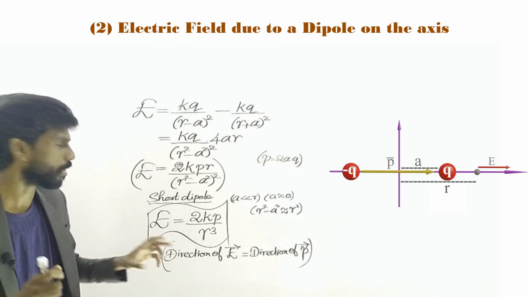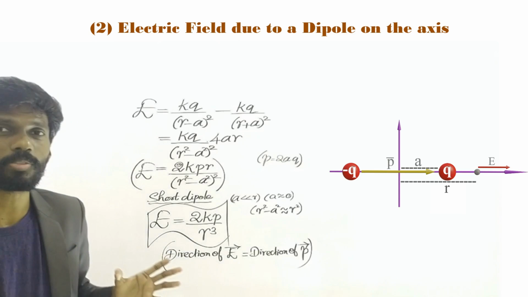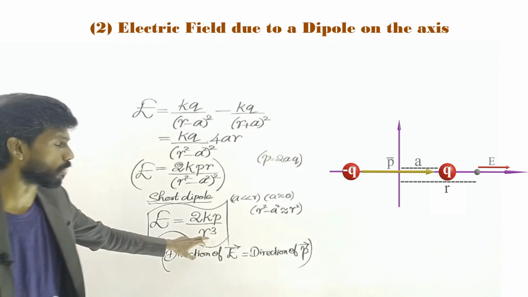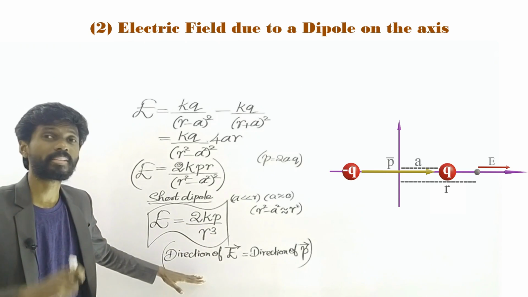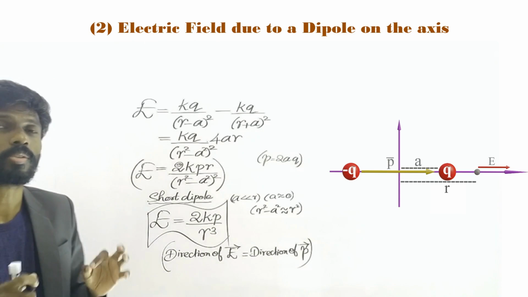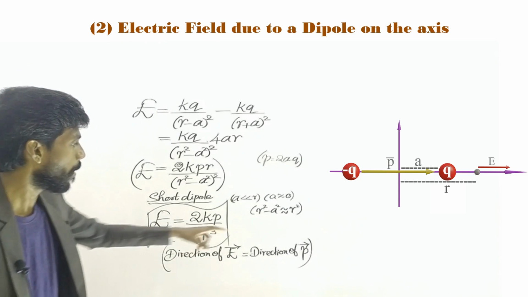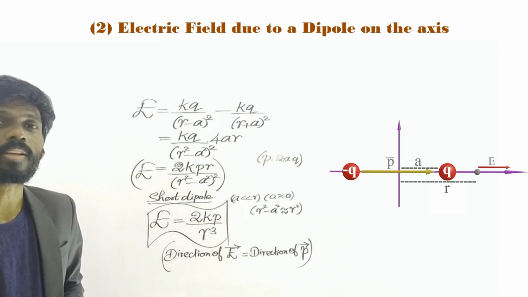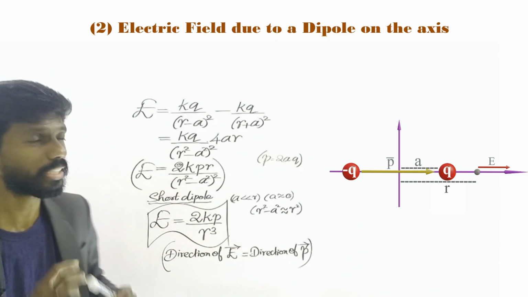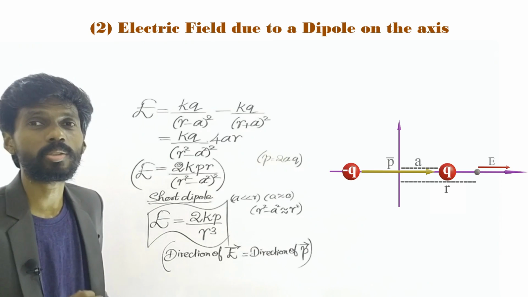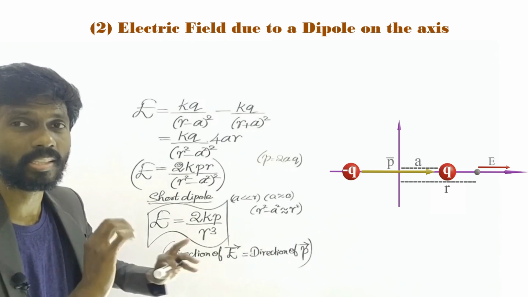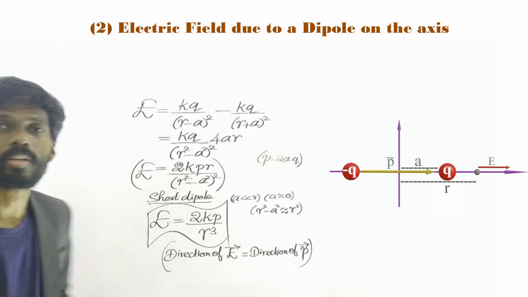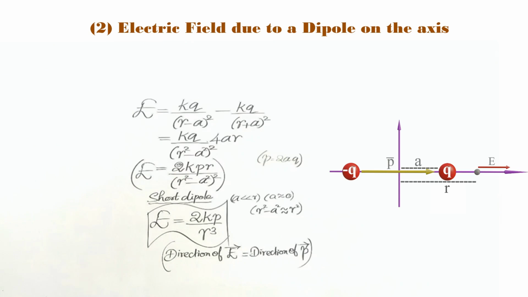In most cases we'll use this formula only: 2kp divided by r cube for a short dipole. And also remember the direction of the electric field is the same as the direction of the dipole moment. So this is the first case of electric field. What is this case? We find the electric field due to a dipole at a point on the axis. So that has this formula.